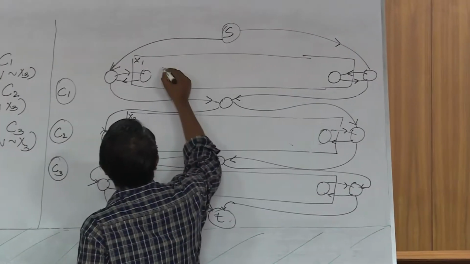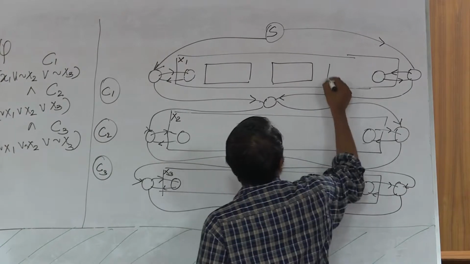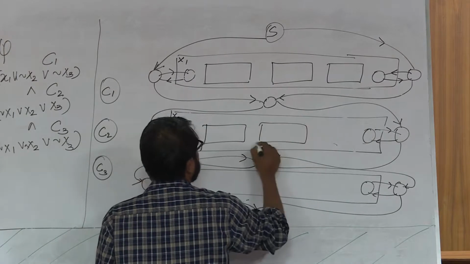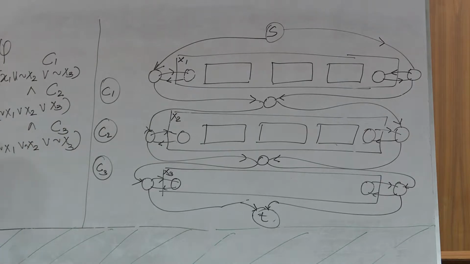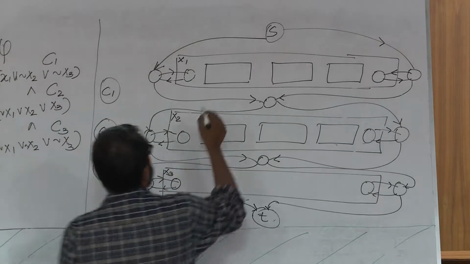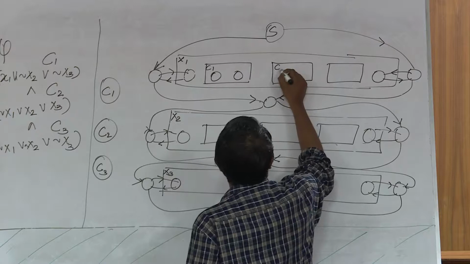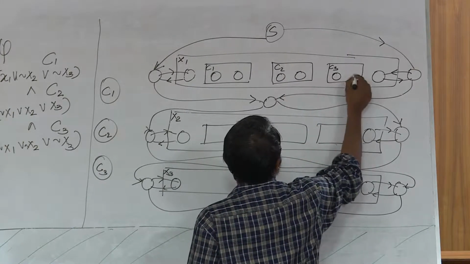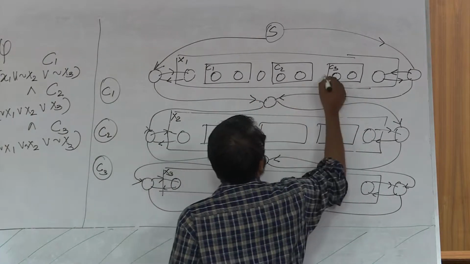Now for each clause, inside each variable I am going to draw a graph for each clause. Okay. Inside each variable I am going to draw, and this is the final step. So for C1 I will have 2 vertices, for C2 I have 2 vertices, for C3 I have 2 vertices here. I will also put a connector vertex here.